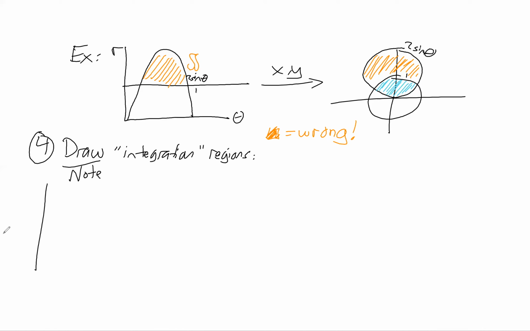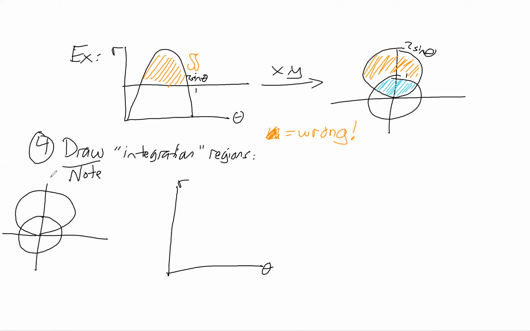So if we redraw this yet again, and we compare with the r theta plane, we have 3 distinguished regions, right?